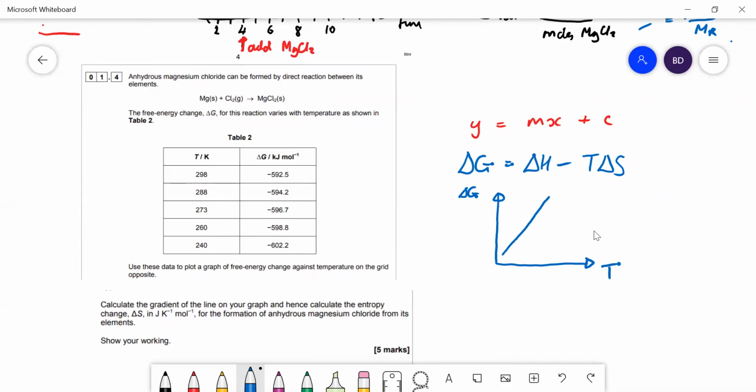What's the gradient of that line? Well, you can see that the intercept, which we're not interested in, is delta H. That's c there. The gradient, because we're plotting against T, is going to be minus delta S, because it's got a minus there. So the gradient of the line is equal to minus the entropy change, and we're going to work out the entropy change.